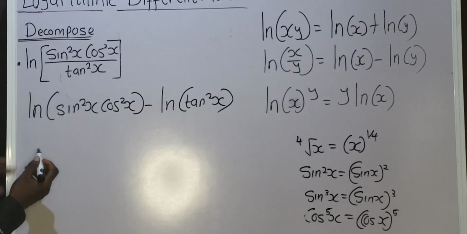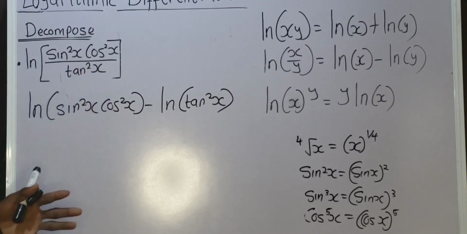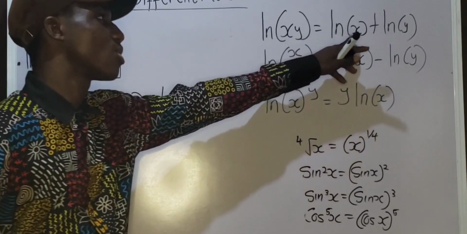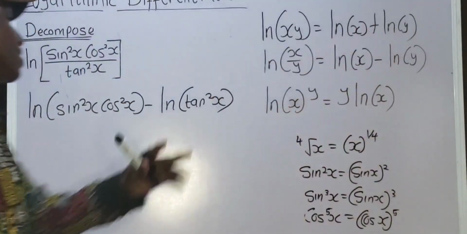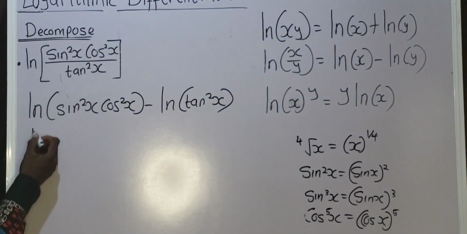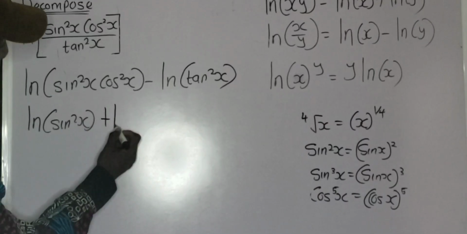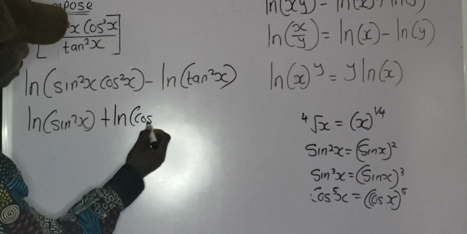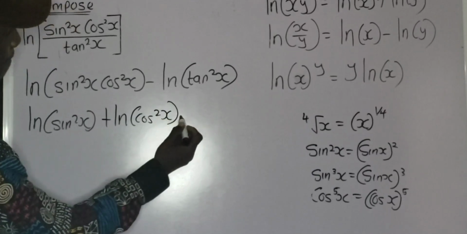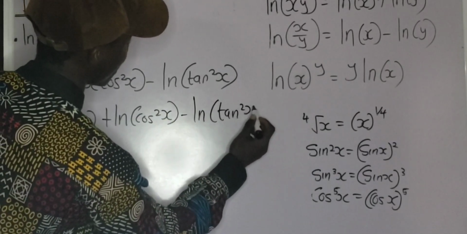Okay, let's proceed. And the natural log of the product of x and y is equal to what? The natural log of x plus the natural log of y. So the natural log of the product of sine square x and cos square x is what? The natural log of sine square x plus the natural log of cos square x minus the natural log of tan square x.